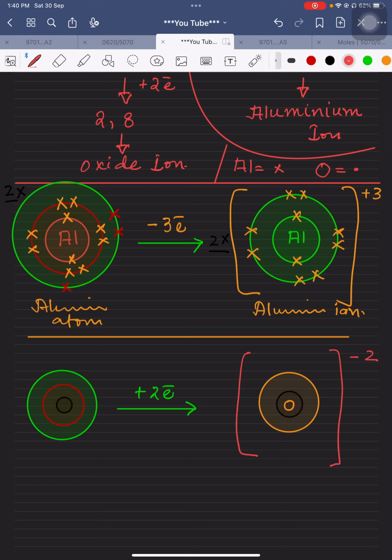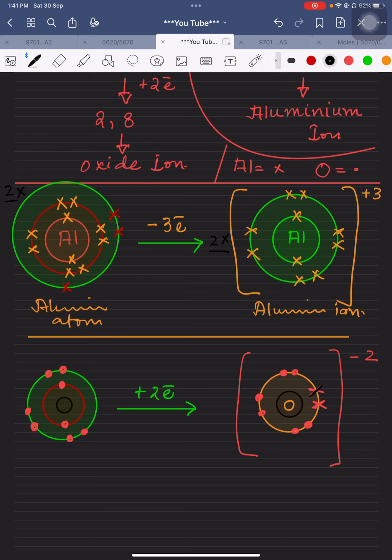We have seen that oxygen electrons are with the dot this time. Here 1, 2, 3, 4, 5, 6, 7th, 8th. Where are these electrons coming from?